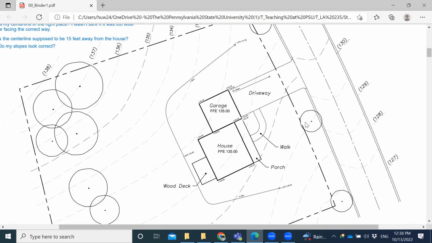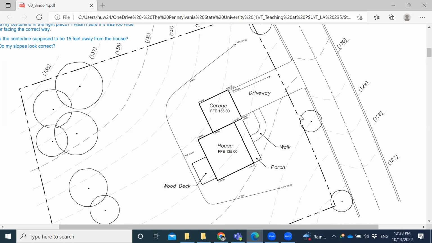I'm not exactly sure how you got to your garage FFE equal to 135.00. It's possible you picked a number and said, let's try to see if it works, right? In your case, it might work, but it's not certain.